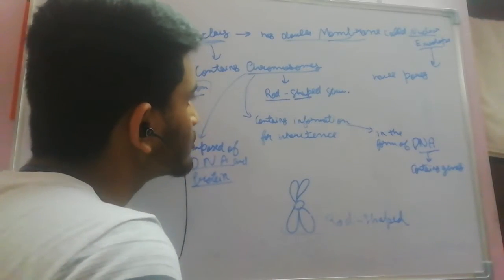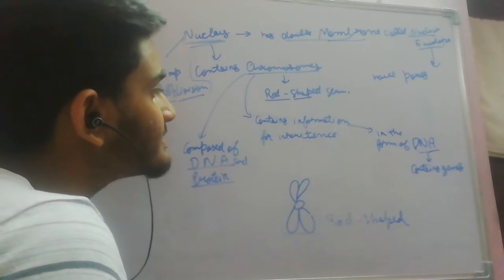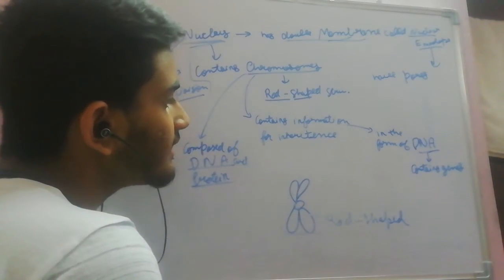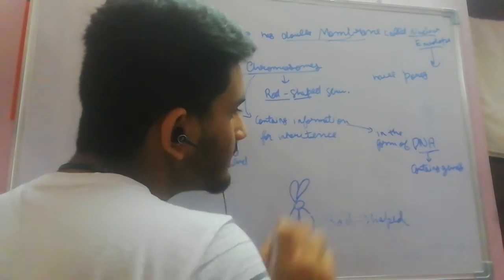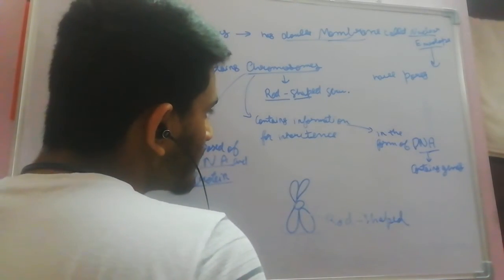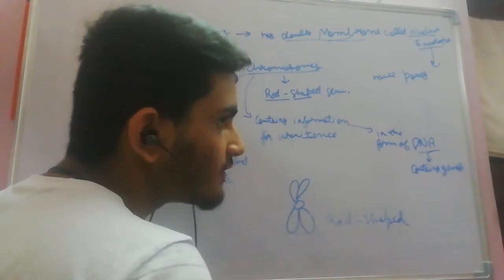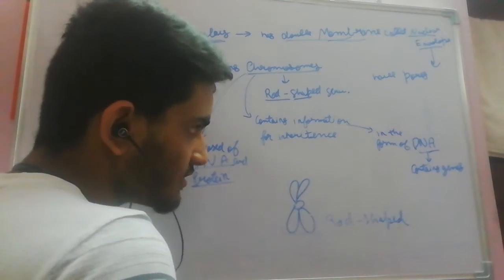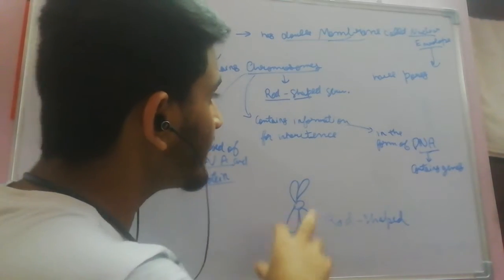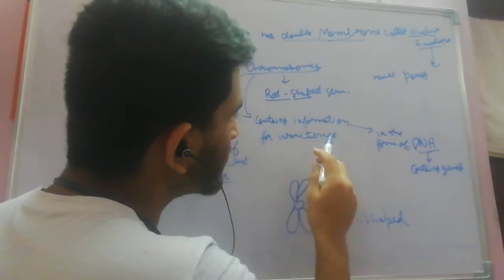Now we talk about the chromosome. So a chromosome is a rod-shaped structure, and it contains the information for the inheritance of features from parent to children. What is the information for inheritance? What will be the eye color of the children, what will be the hair color of the children, what is the skin color of the children. That information is kept in the form of DNA.